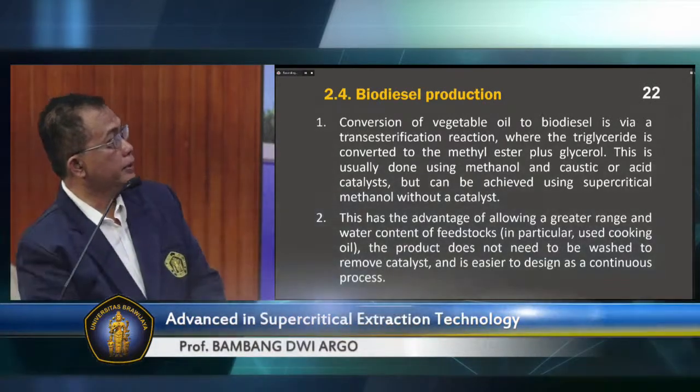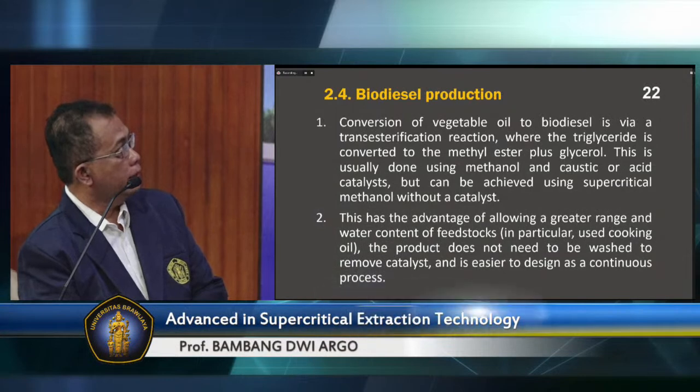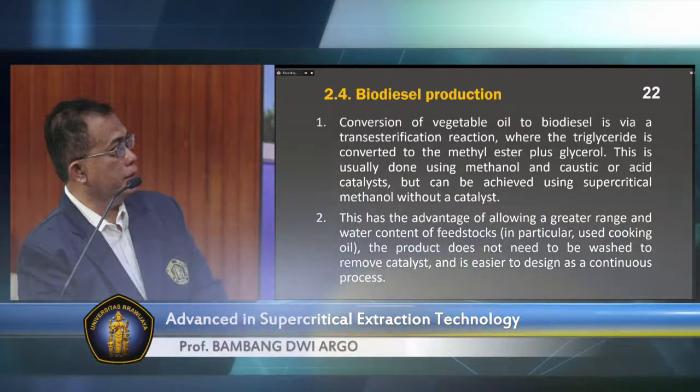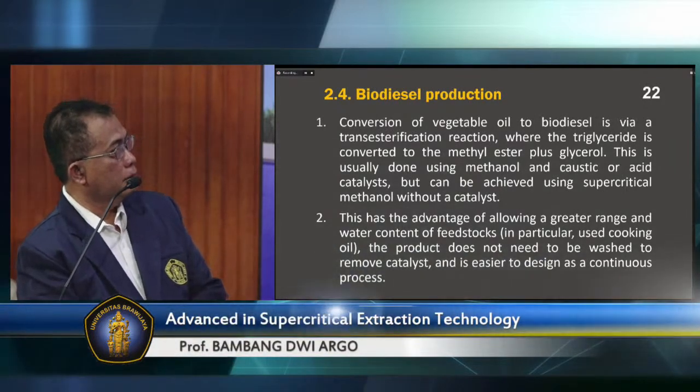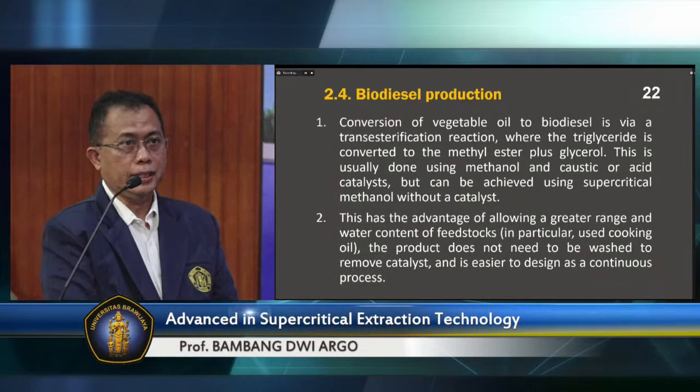Conversion of vegetable oil to biodiesel is via trans-esterification reaction, where the triglyceride is converted to the methyl ester plus glycerol. This is usually done using methanol and caustic or acid catalyst, but can be achieved using supercritical methanol without catalyst.